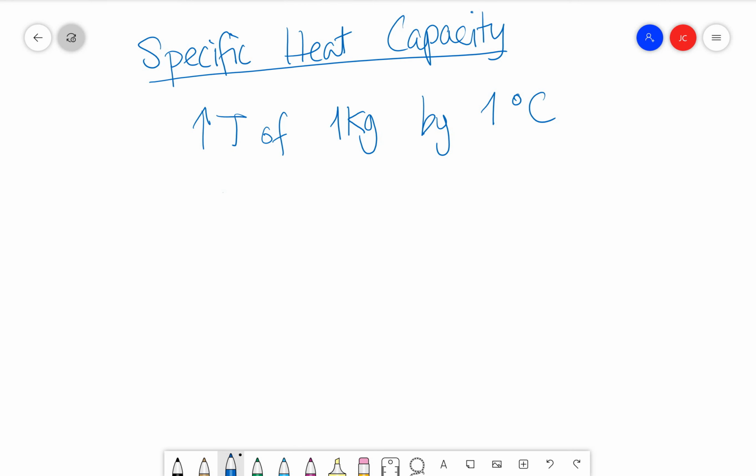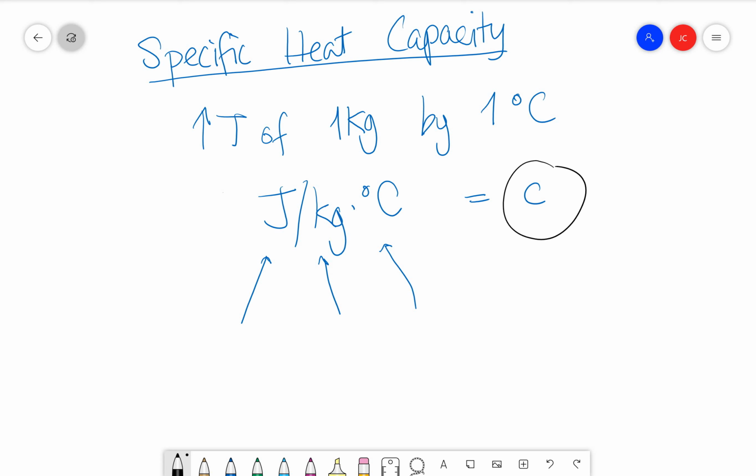It's measured in this unit, which is complicated, I admit: joules per kilogram degrees Celsius, which has a bunch of components. There's a component of energy, the joules, a component of mass, and a component of temperature. Together this gets you the specific heat capacity, which we indicate as the letter C. C for capacity.